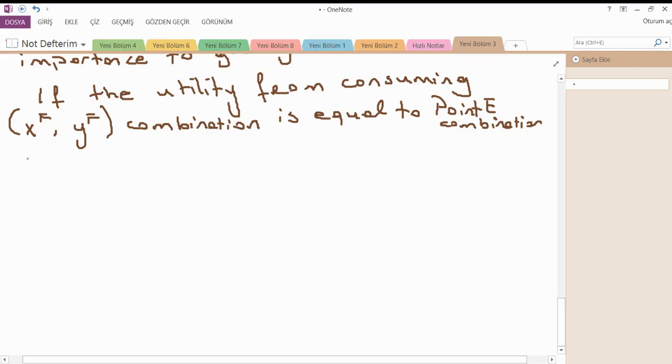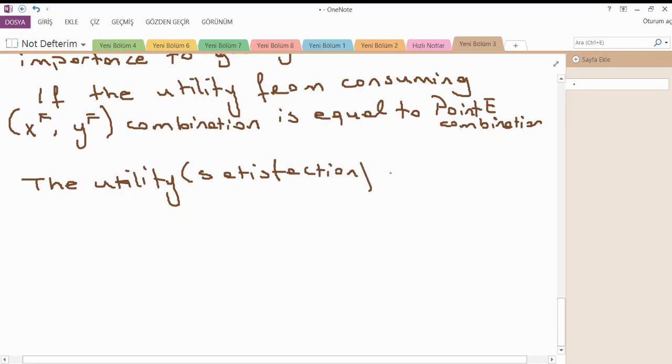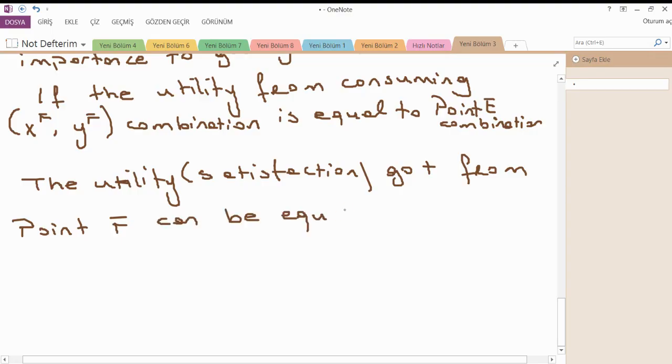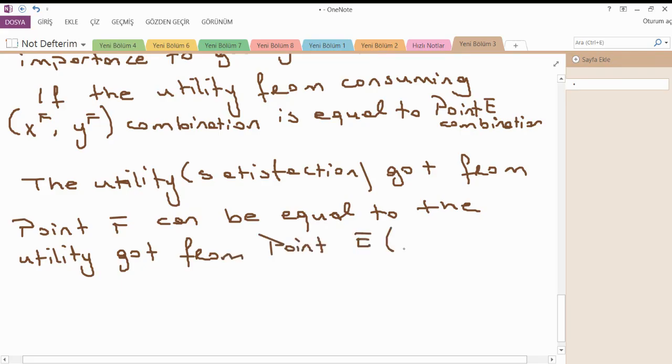But what I'm saying is the utility or the satisfaction, let's write here, satisfaction got from point F can be equal to the utility got from point E combination. What was it? It was X star, Y star, okay?